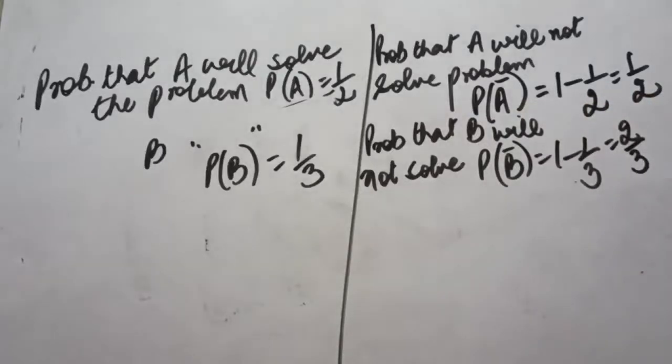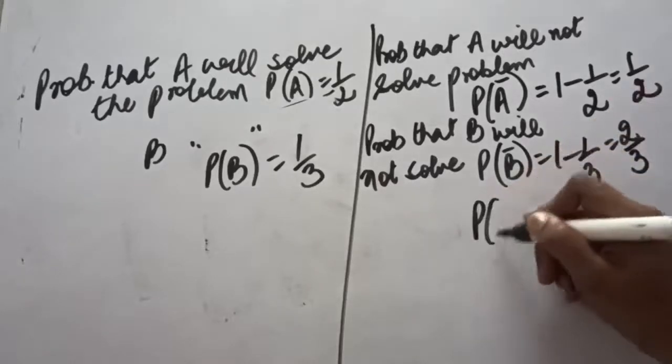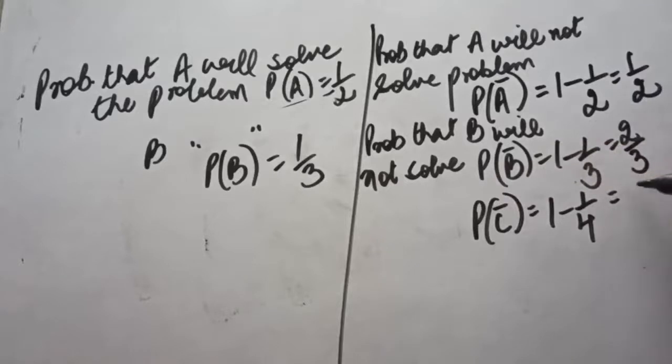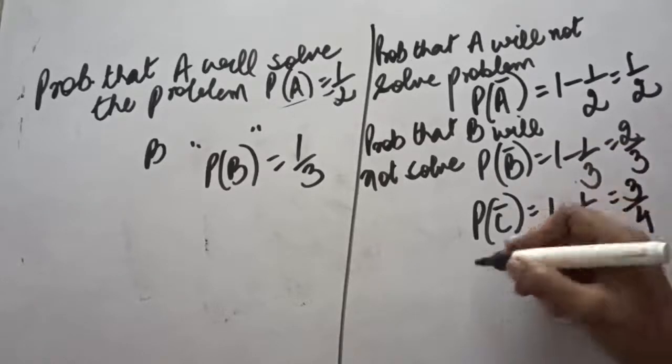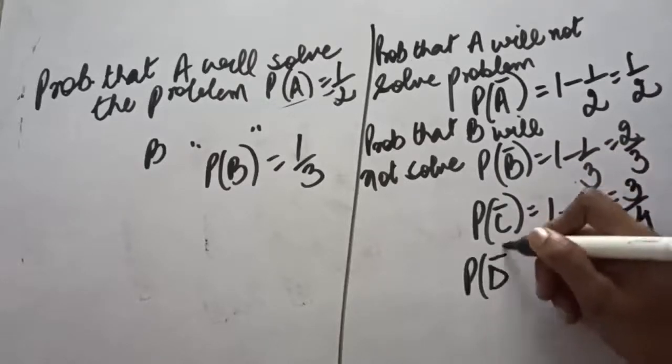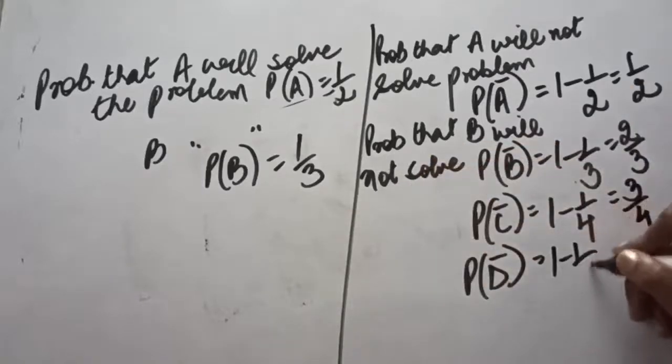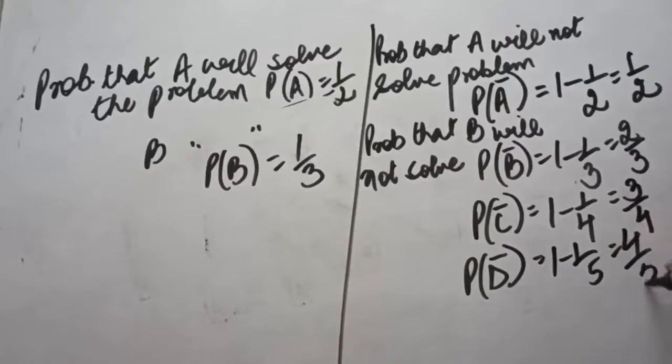Like this, for everyone we will find the probability. The probability that C will not solve the problem is 1 minus 1 upon 4, so 3 upon 4. The probability that D will not solve the problem, you have to write every line in detail, is 1 minus 1 upon 5, so it will be 4 upon 5.